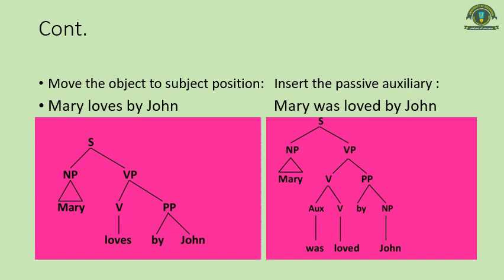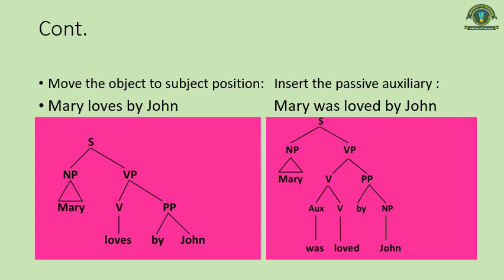Loved is of course a verb, and the auxiliary and the verb we are going to consider as a verb. By is a preposition, John is a noun phrase, and after their joining we get a prepositional phrase, as we have done in the previous figure.